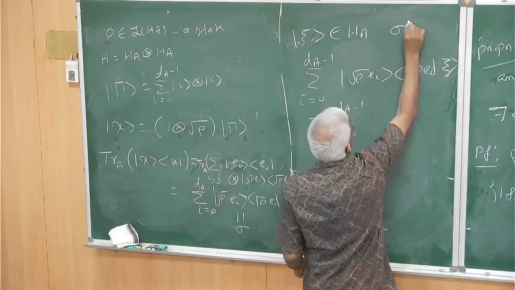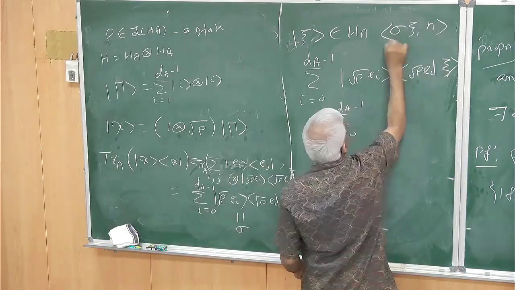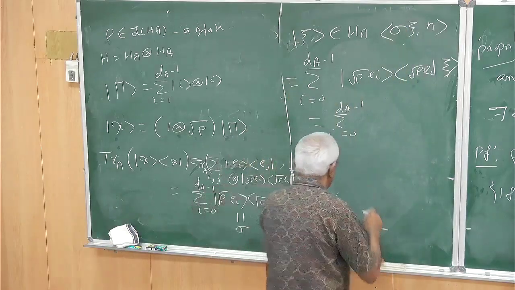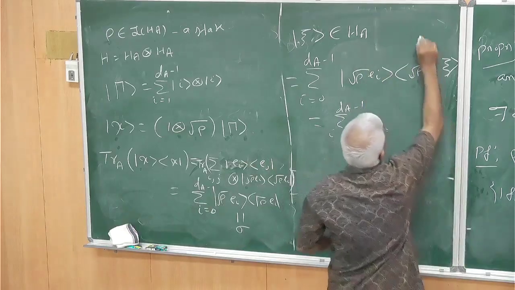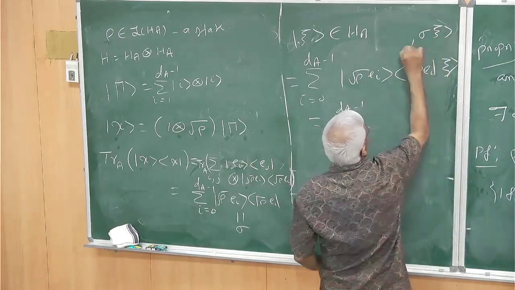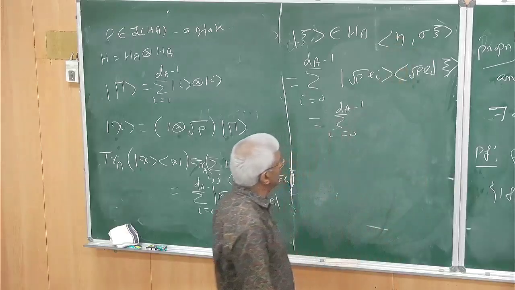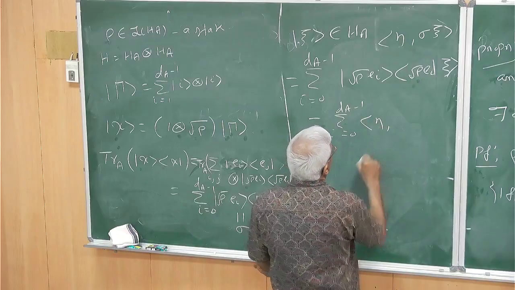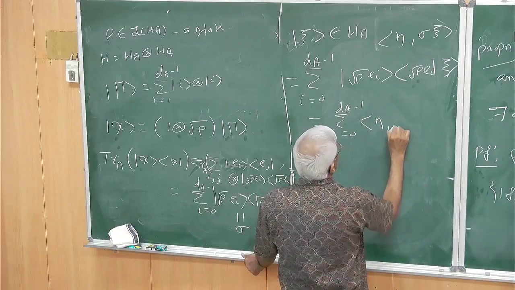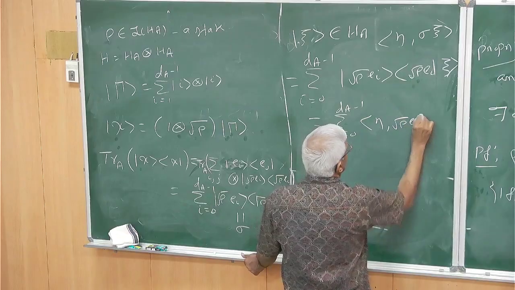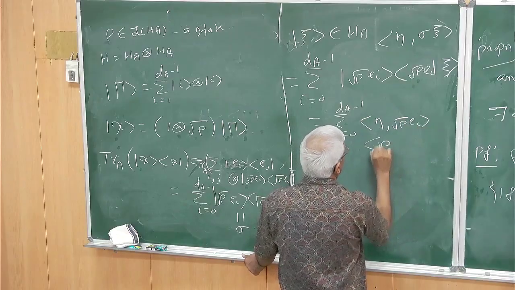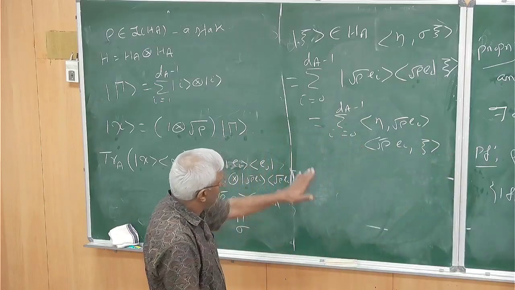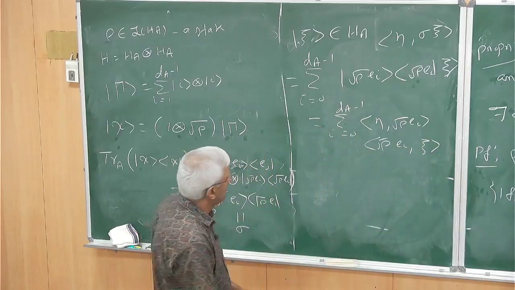Then sigma xi, eta, equal to eta, square root of rho e_i, rho square root of rho e_i xi.